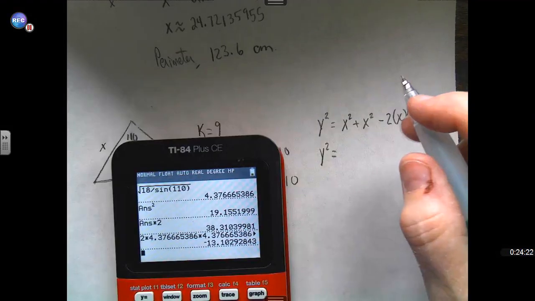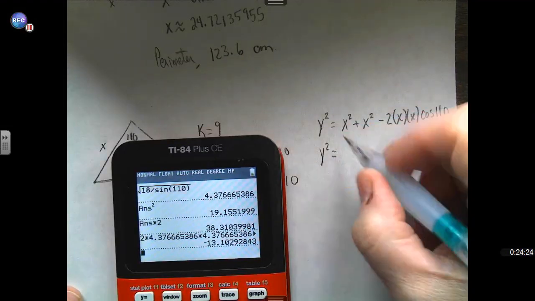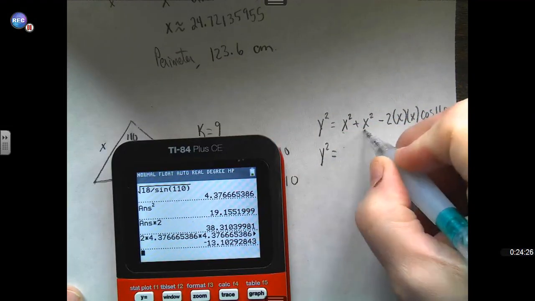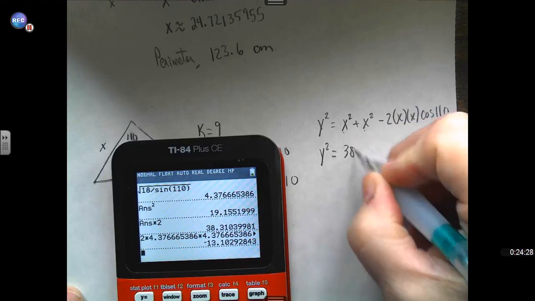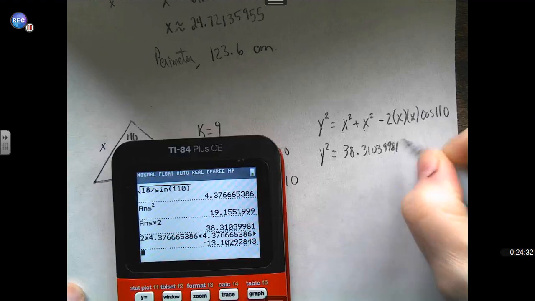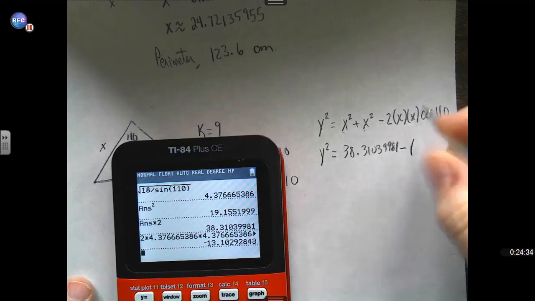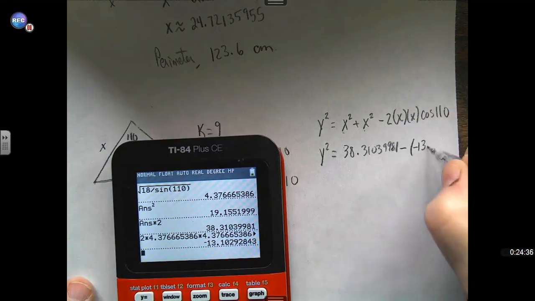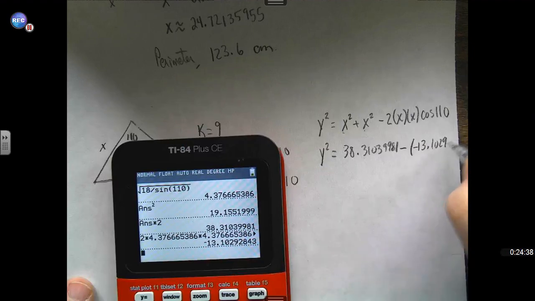And what that means is for this, I got 38.310399981. And for this, I got negative 13.1029. Okay.